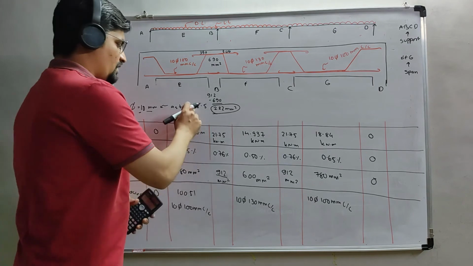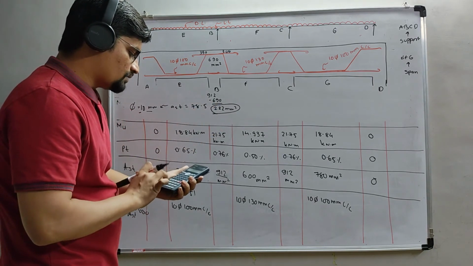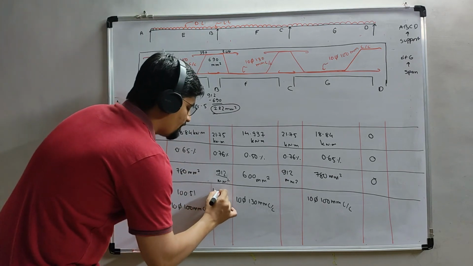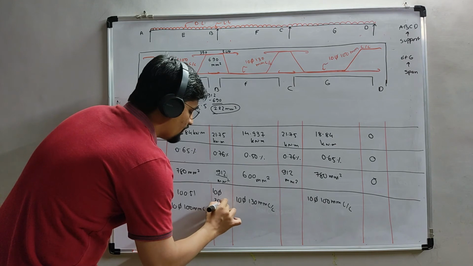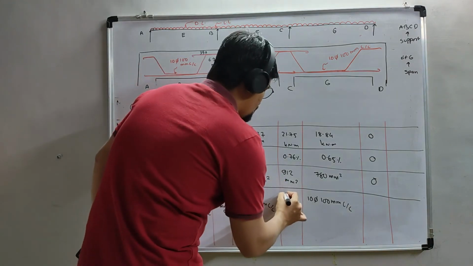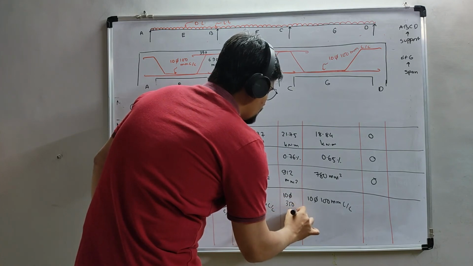So 785 divided by 222 into 1000. So the spacing is 10 dia 350 mm center to center. Here also it will be the same, 10 dia 350 mm center to center.